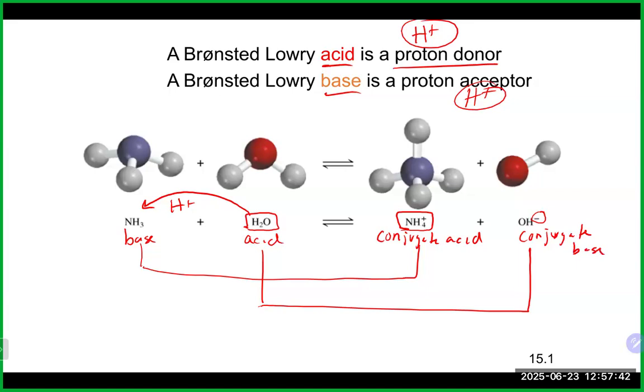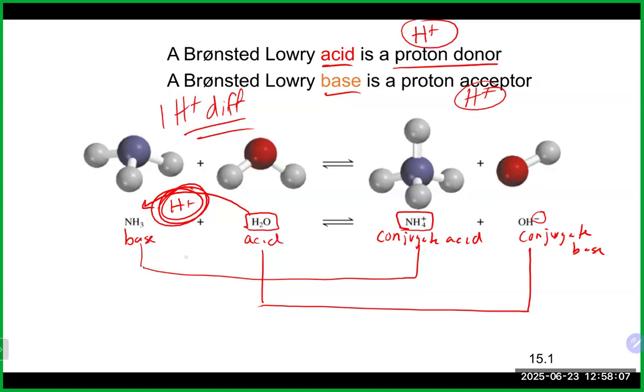Now, what is the only difference between the acid and the conjugate base, or the base and the conjugate acid? The absolutely only difference you could have is that difference right there. It is one H plus difference. One H plus difference is the only difference there can be between those two things for them to be related to each other in this aspect.